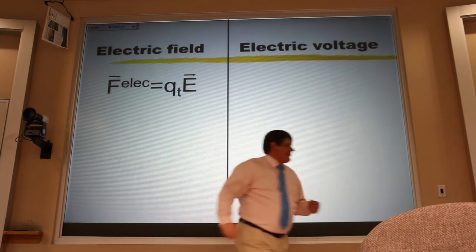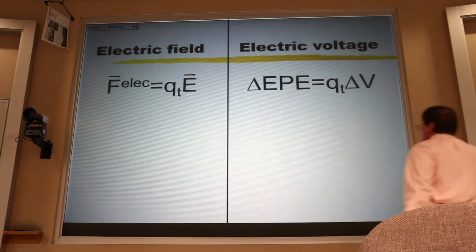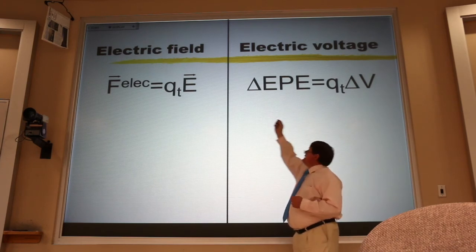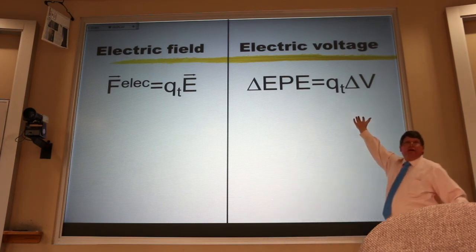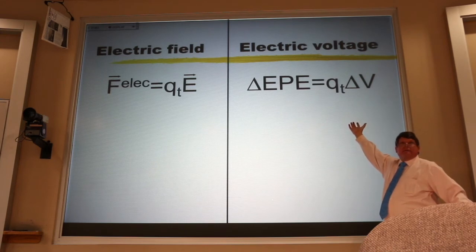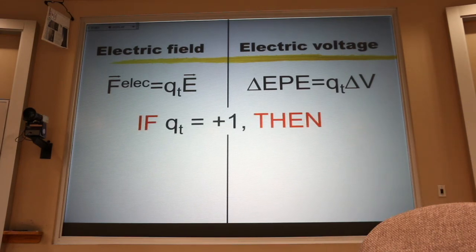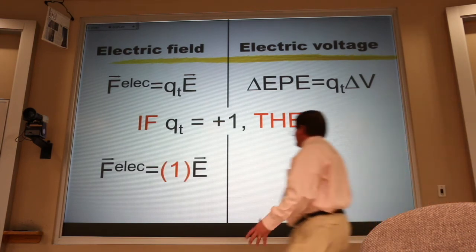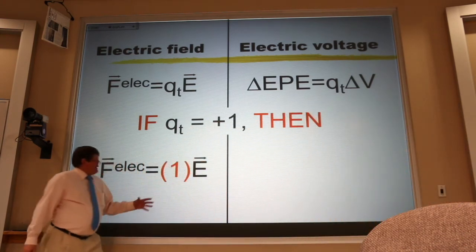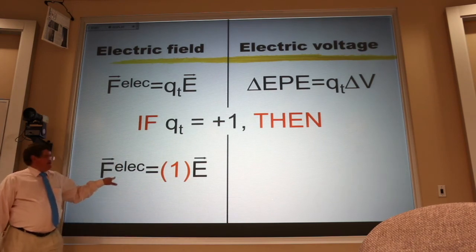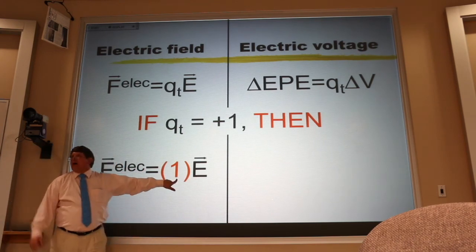Okay? I have this relationship between the electric potential energy that I care about and this voltage thing that's just a gimmick. Okay? If I set the test charge equal to 1, then I see what this gimmick is. The electric field is the electric force if the charge we're pushing on is 1 Coulomb.